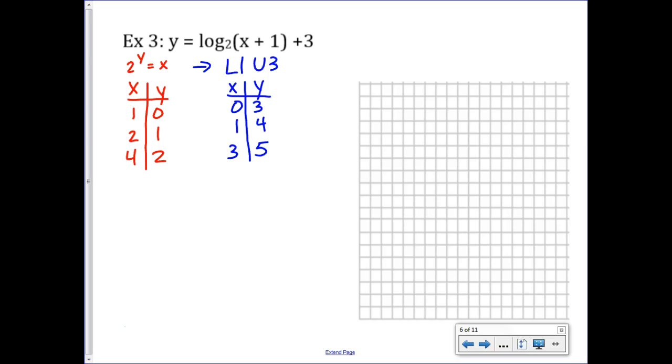So if I plot these points, for my original, I'm at (1, 0), a base of 2, 1, and I'm at (4, 2). It looks like this.